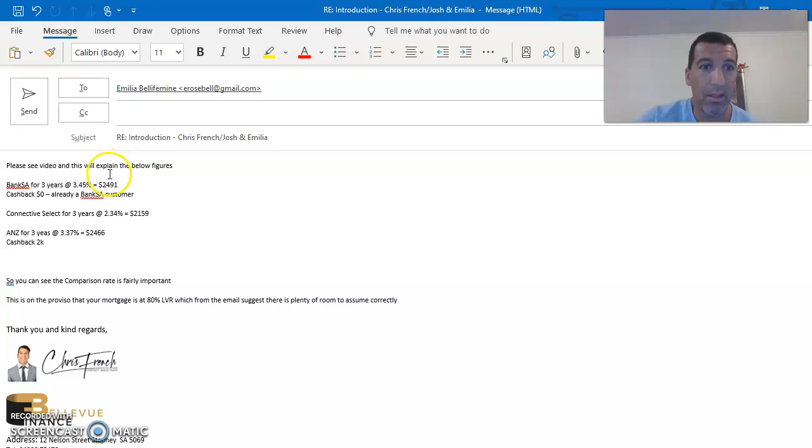There's a difference. It's $330 odd. And then there's ANZ as well. Now, ANZ, you do get that nice cashback, but the amount you're paying isn't going to be that much different. So if you're motivated by rate, I'd say Connective would probably be the one you'd be seriously looking at.